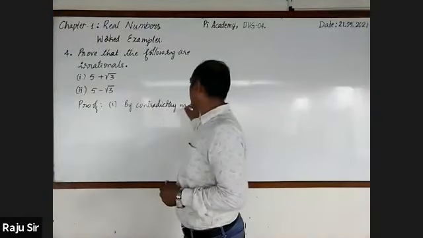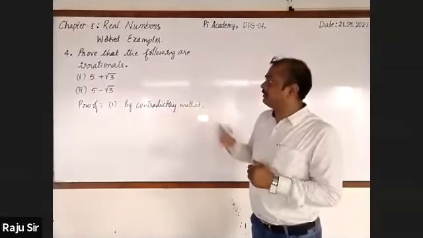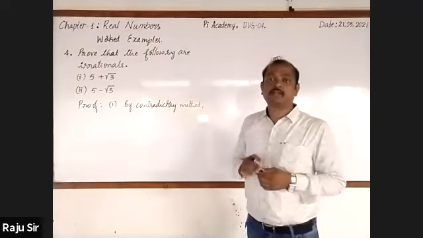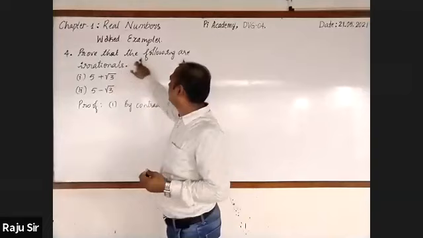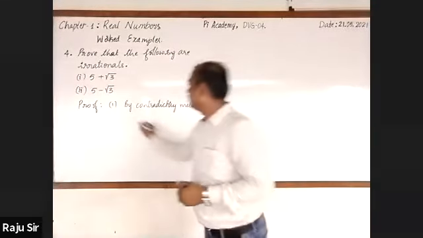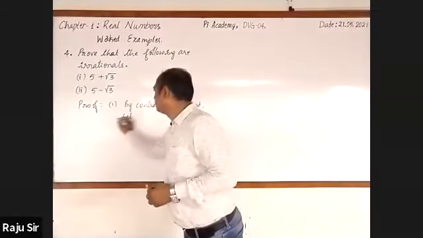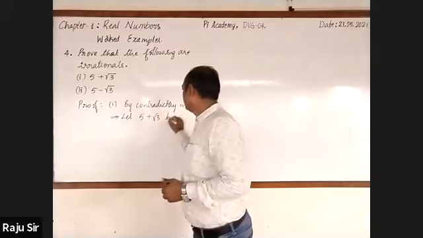We all know that according to this method, our assumption is a reverse of the given statement. The given statement is 5 plus root 3 is irrational. We should assume this as a rational. So here I'll write, let 5 plus root 3 be a rational.